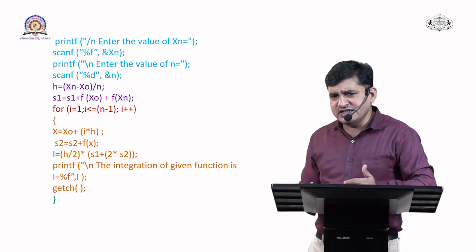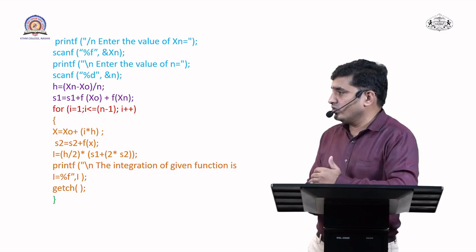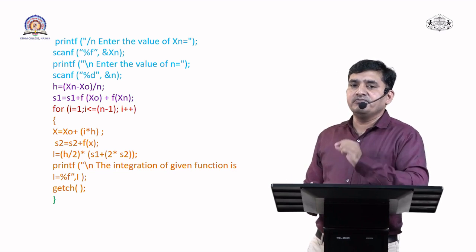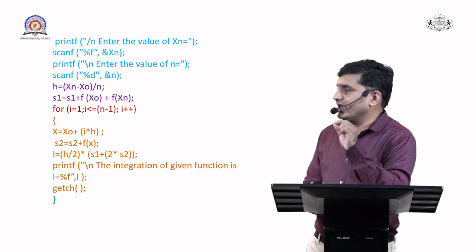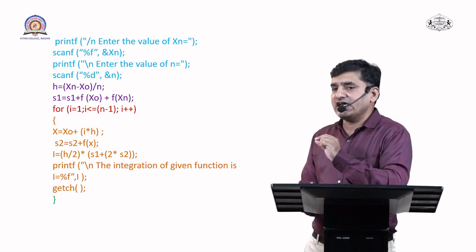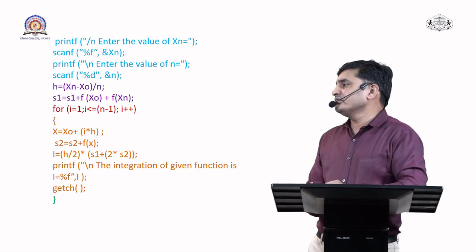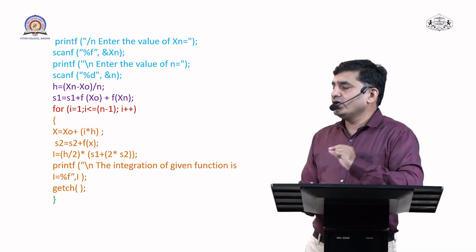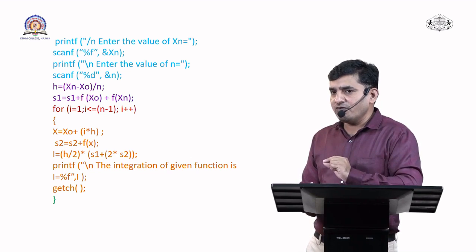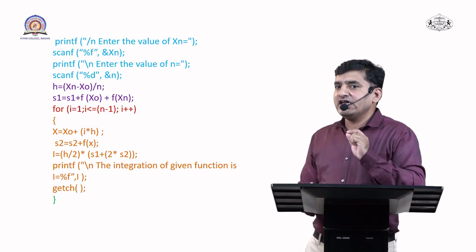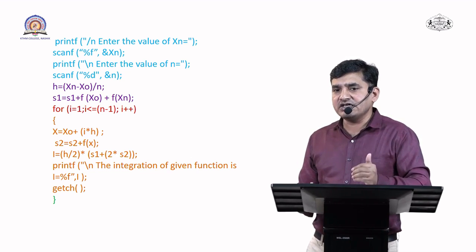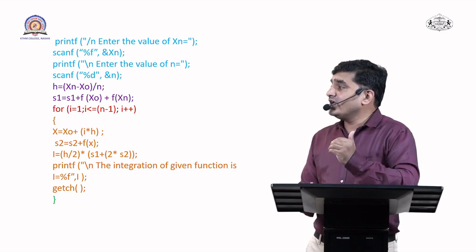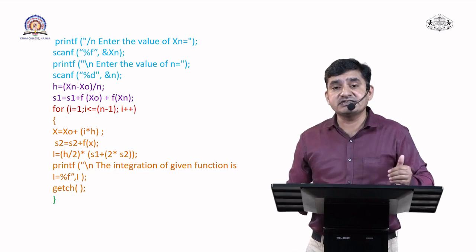Then I is equal to h by 2 into s1, meaning f of x0 plus f of xn, plus 2 into s2, meaning 2 into f of x1 plus f of x2 plus f of x3 and so on up to f of xn minus 1.